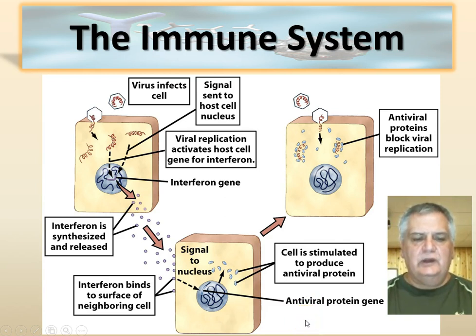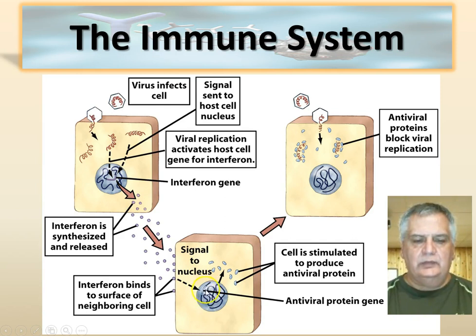The interferon then will bind to the surface of neighboring cells. So these cells on their plasma membrane, remember, will have receptors. These receptors, whenever they are bound with interferon, will send a signal to the healthy cell. Remember, this is an uninfected cell, to begin, before it is infected, to manufacture antiviral proteins.